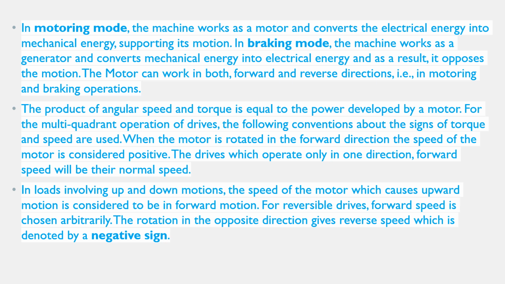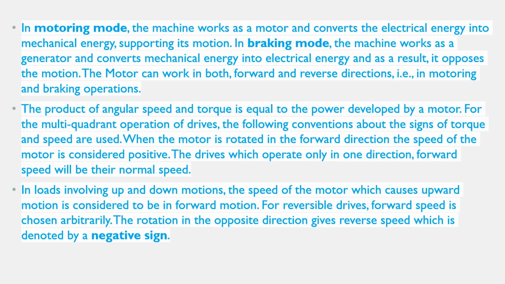For the multi-quadrant operations of a drive, the following conventions about the signs of torque and speed are used. When the motor is rotated in the forward direction, the speed of the motor is considered positive. For drives which operate only in one direction, forward speed will be their normal speed.